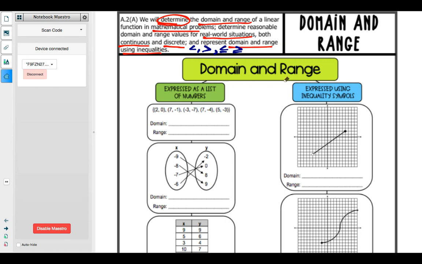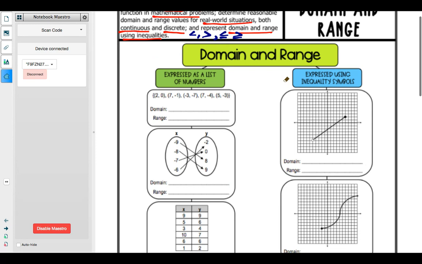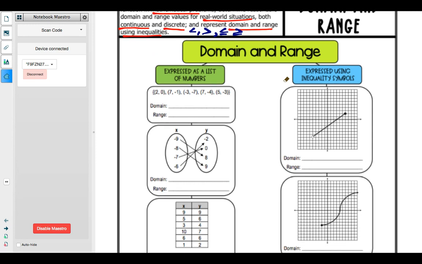Now, there's a couple different ways that we're going to talk about domain and range. The first one is discrete. Okay, so discrete is going to be this first one right here. So I'm just going to write discrete. That's when we're going to list domain and range as a list of numbers.